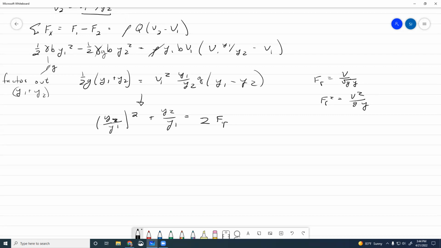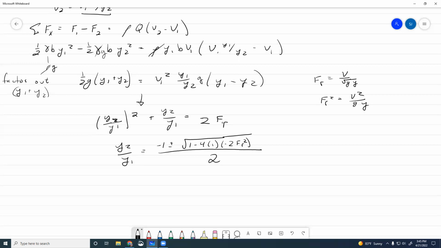And then you can end up with y2 over y1 is equal to, here's our quadratic formula, -1 plus or minus square root of 1 minus 4 times 1 times -2 Froude number squared, over 2.